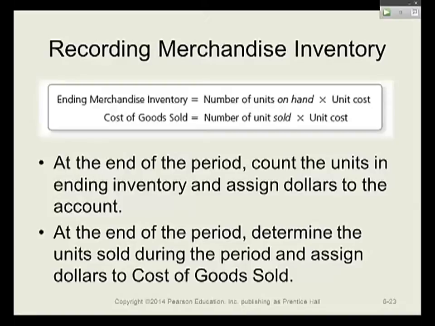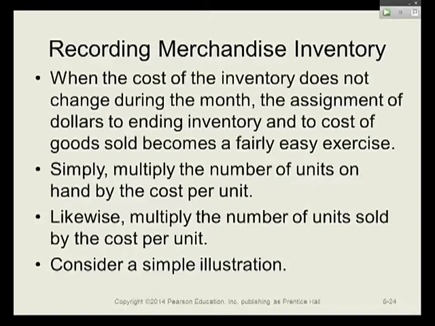We'll do it much more simply than that. It would involve purchase discounts, purchase returns, and so on. Now, to start you off with a simple issue, we need to value the inventory.